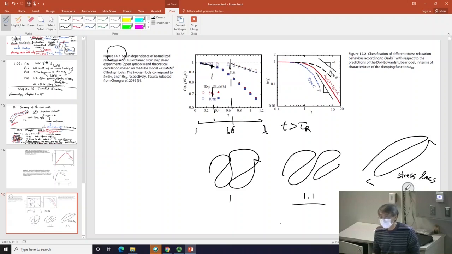Which means your stress relaxation is faster at 20% than at 10%, and such a curve is exactly capturing that. So the stress relaxation is always lambda dependent, because going back from there loses more stress than from here.